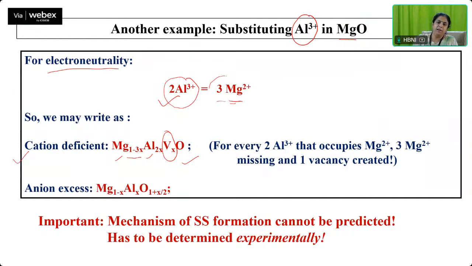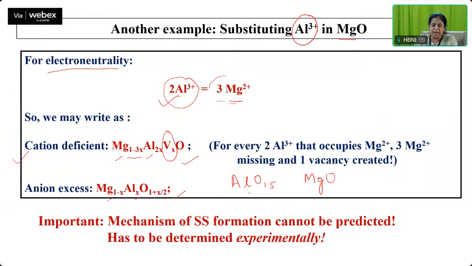On the other hand, if the mechanism of solid solution formation was anion excess, because that also could be one of the mechanisms of electroneutrality in this case, then of course we do not disturb the cation at all. X aluminium goes in, 1 minus X magnesium is left, and how much oxygen do we increase? See, the formula was Al2O3, that is AlO 1.5, and magnesium oxide.